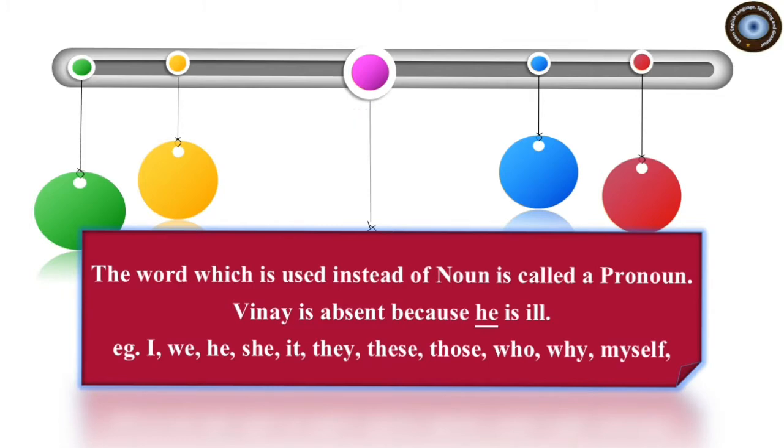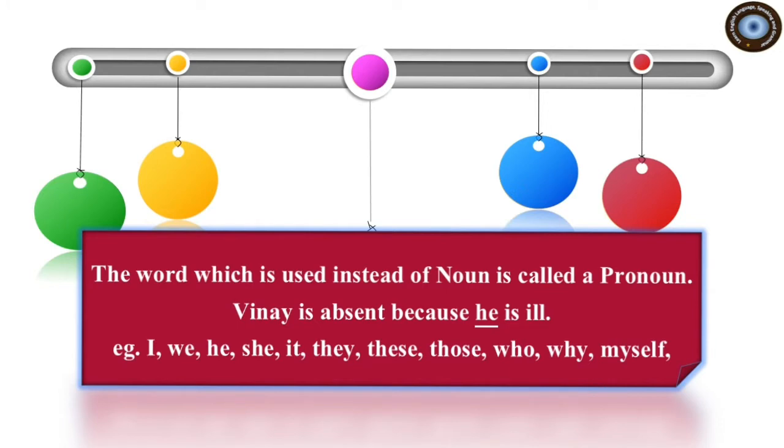Here the sentence began with Vijay, but instead of repeating Vijay once again in the adjoining clause, we use he. So Vijay is absent because he is ill. Here he is a pronoun.